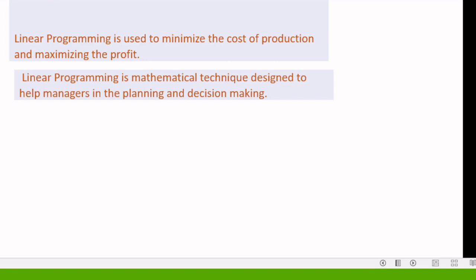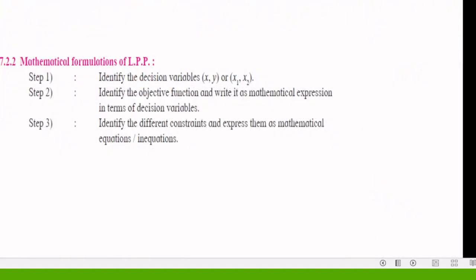There are some methods, some steps which you need to follow while working on linear programming. What are those? Step one, identify the decision variables. Identify the decision variables means what? X, Y, two variables. It can be anything, a comma b, b comma c.